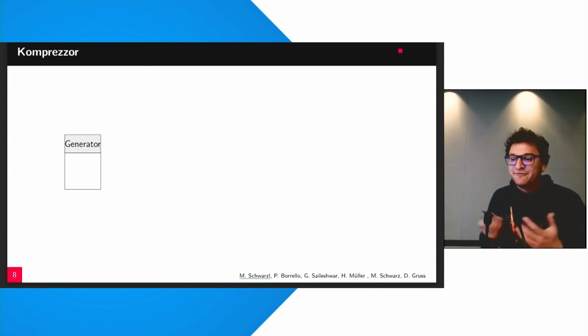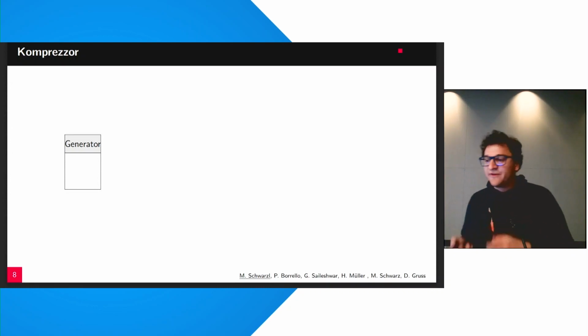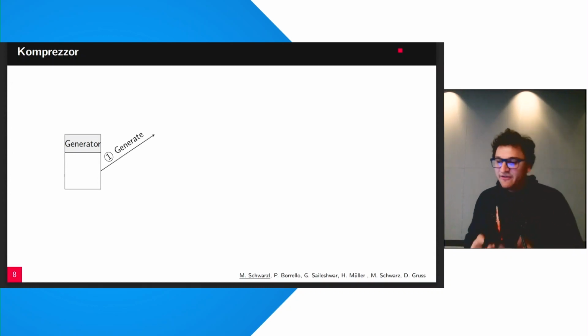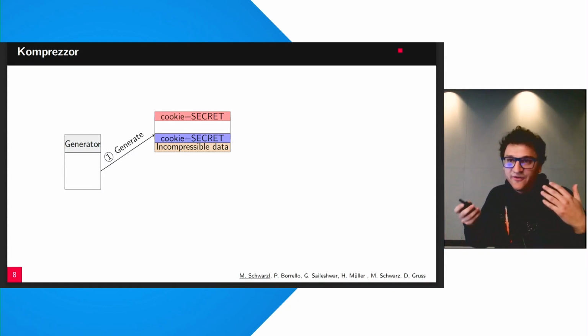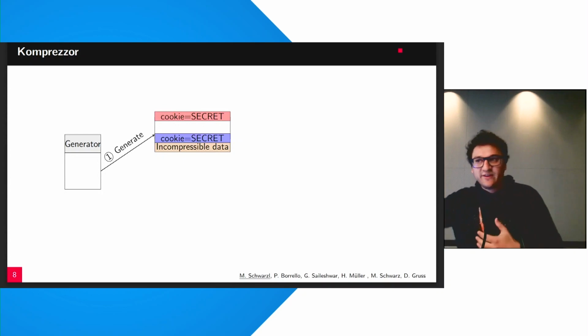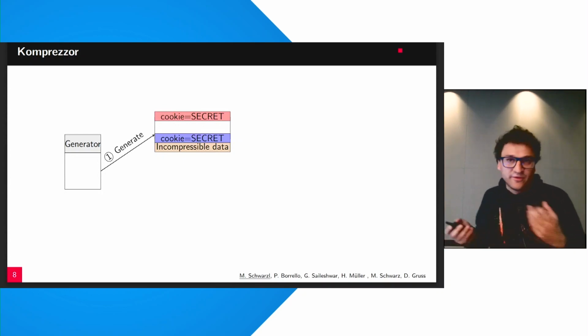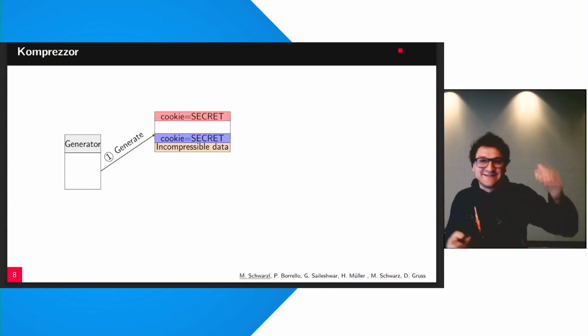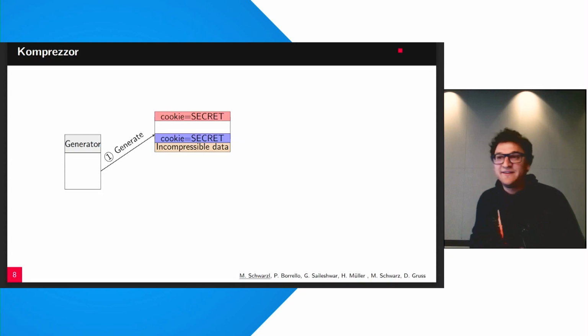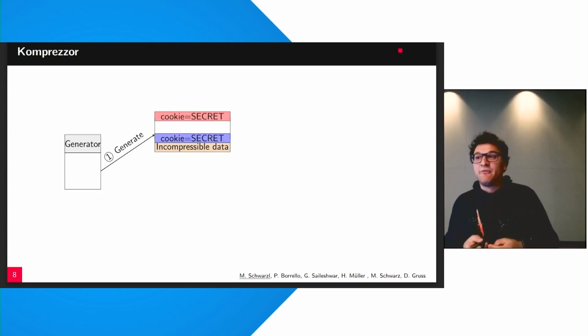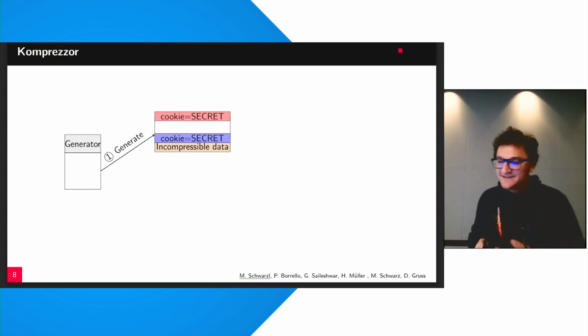So how does this fuzzing part work? We use an evolutionary fuzzer called Compressor, which first generates different memory layouts, with a fixed secret at a fixed position with some known prefix. The fuzzer randomizes the position of the guesses, adds some incompressible data, and randomizes the number of repetitions for the guesses.